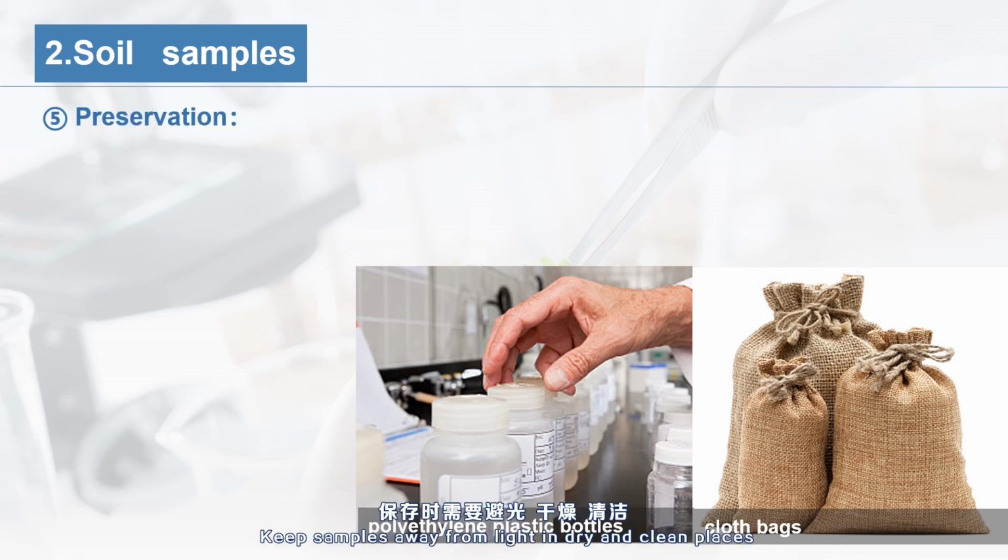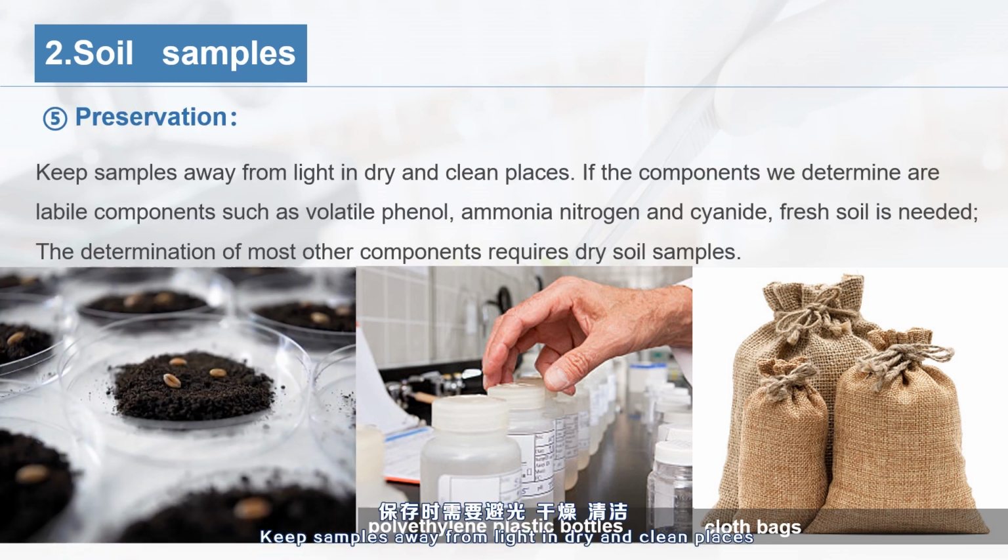Keep samples away from light in dry and clean places. If the components we determine are labile components such as volatile phenol, ammonia, nitrogen, and cyanide, fresh soil is needed. The determination of most other components requires dry soil samples.